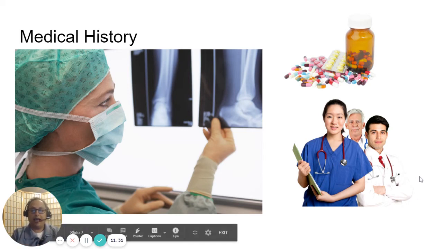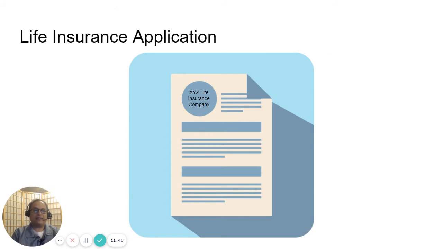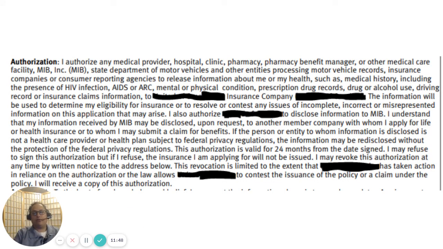Now you do have a right as an individual who is applying for insurance, when you're asked about this MIB authorization, you do have a right to say, well, you know what, I'm not comfortable with that. And that's fine. That is your right. You have a right to say, I am not giving approval to that.